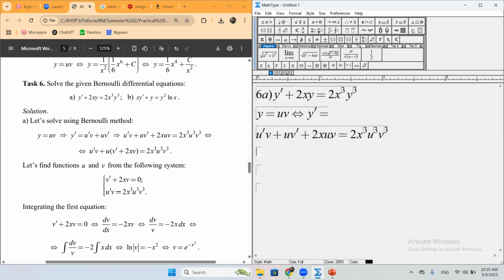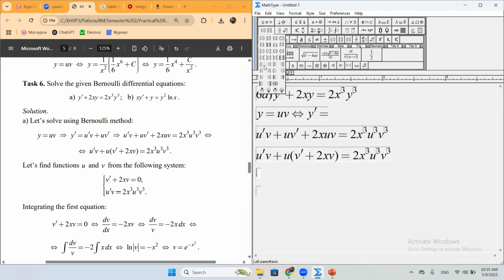Now in the left part let's move u out of brackets. So we will factorize this part. If I move u out of brackets, what do I receive? v prime plus 2xv.